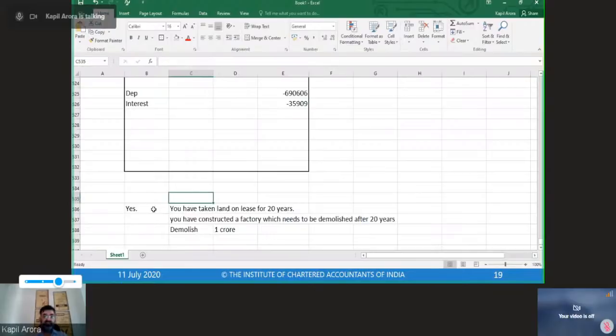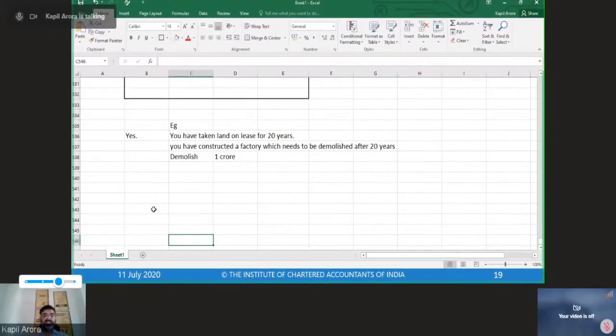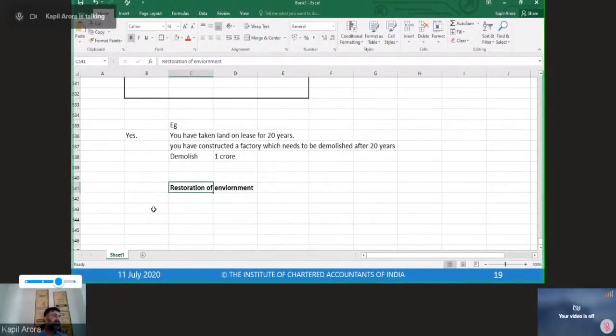Similarly, this is one example. It is not just decommissioning, but restoration of environment would also be an example here. Let's assume one company operating near Ganga river.